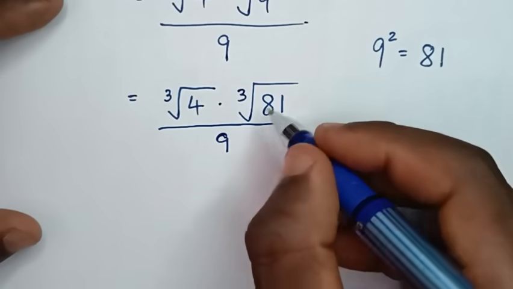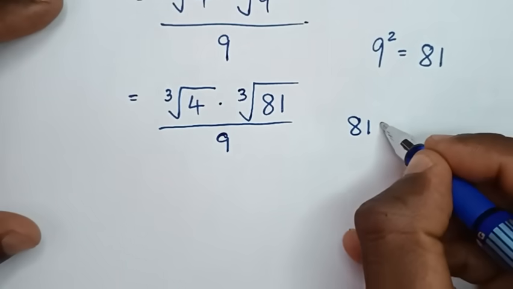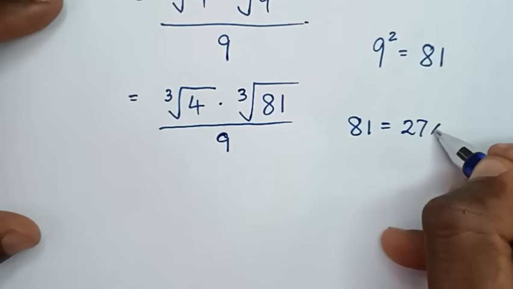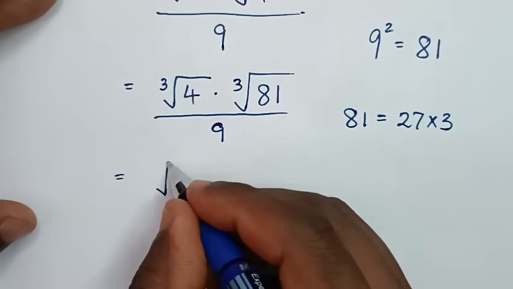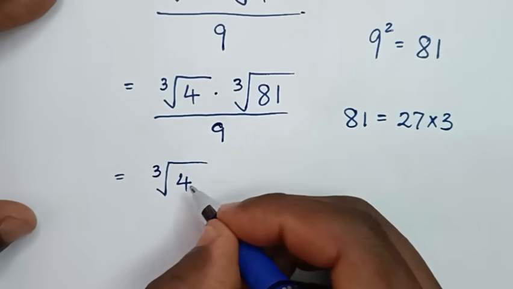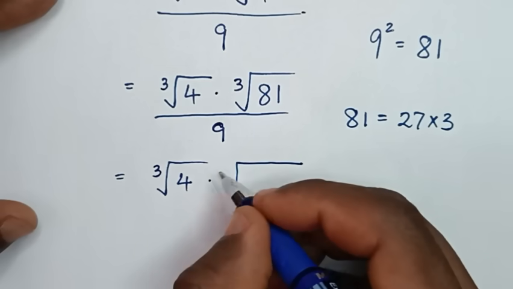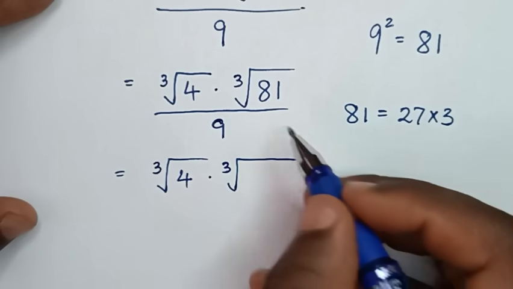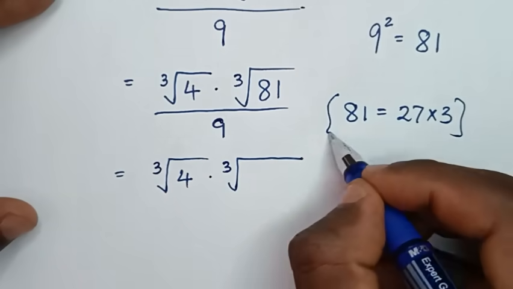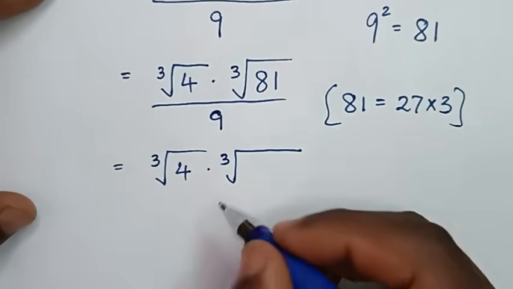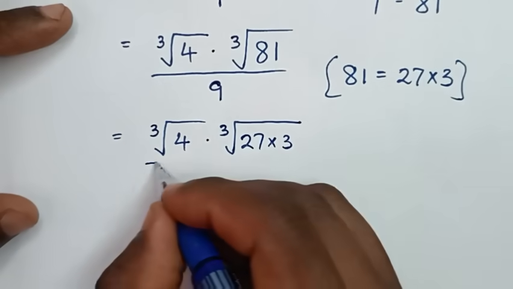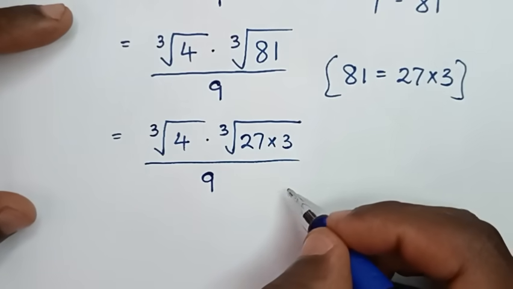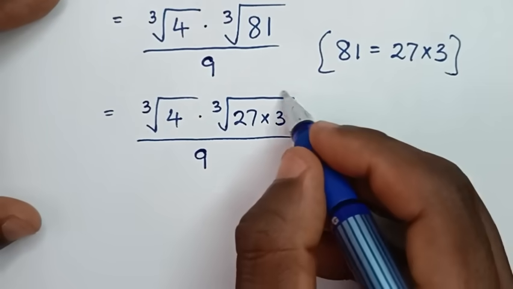Then in the next step, 81 is equal to 27 times 3. So it will be equal to the third root of 4 times the third root of 27 times 3, then over 9.